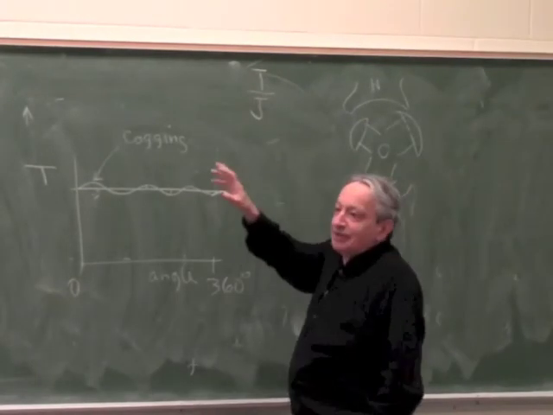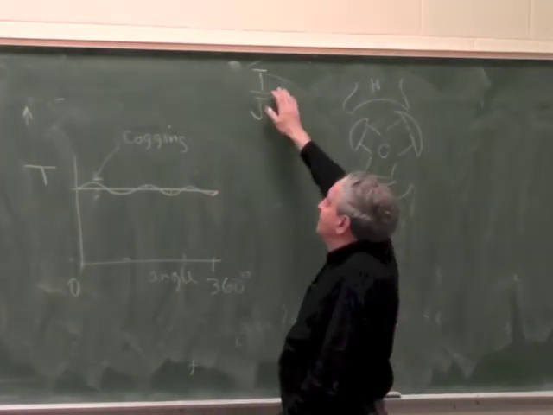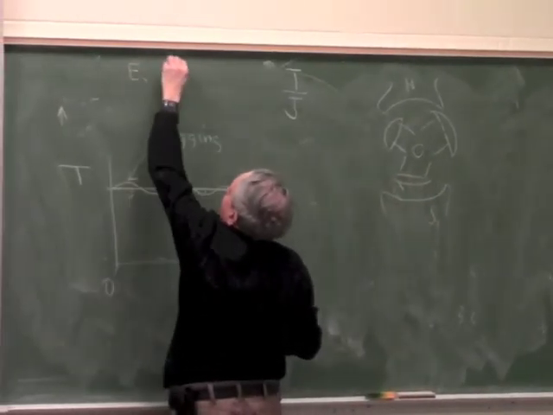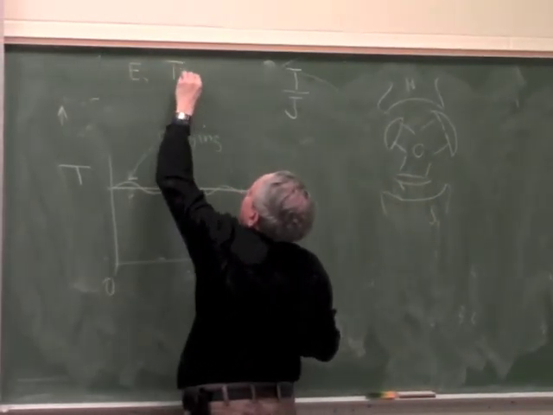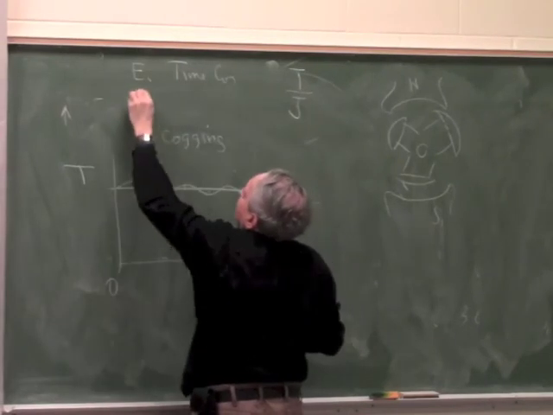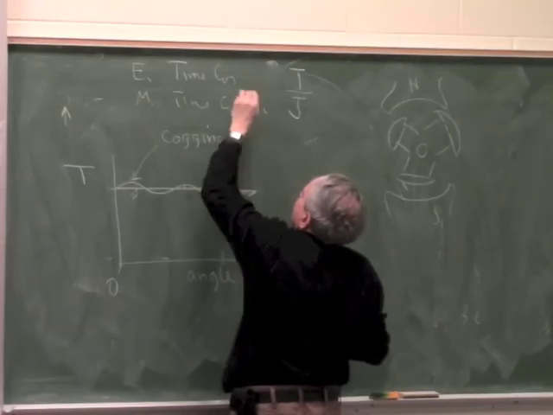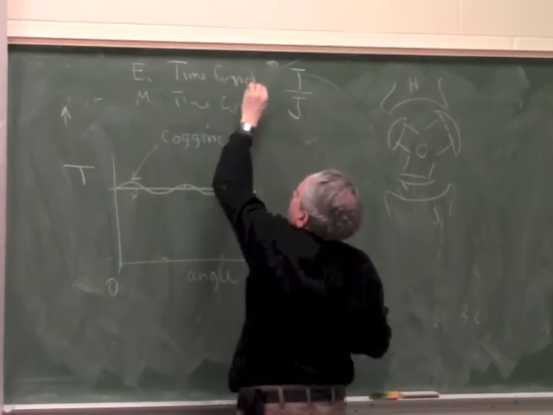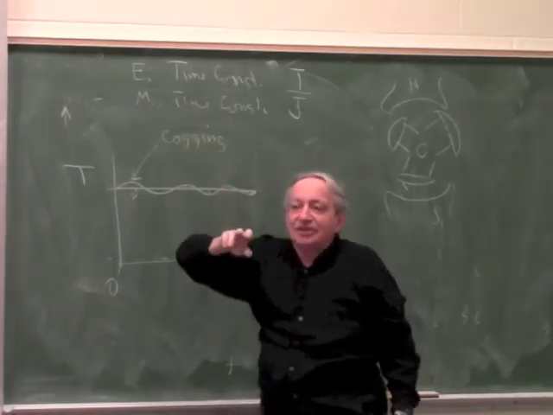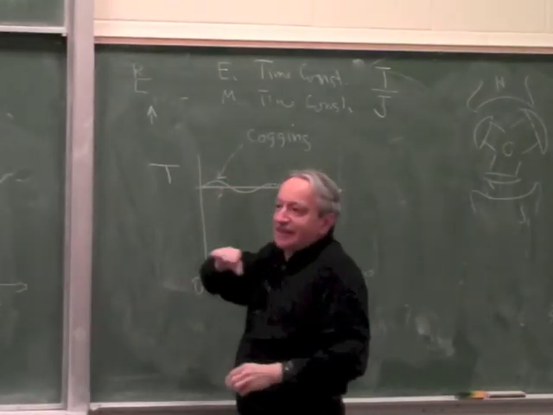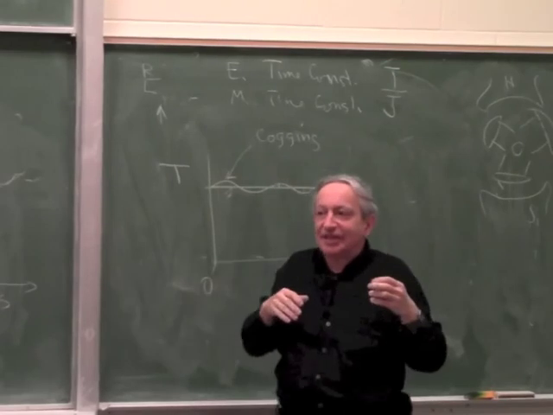Sometimes it's given as a time constant. Sometimes it's not given as this, but it says electrical time constant, and it says mechanical time constant. Electrical time constant just means the L over R, how fast the current can rise, limited by the inductance.